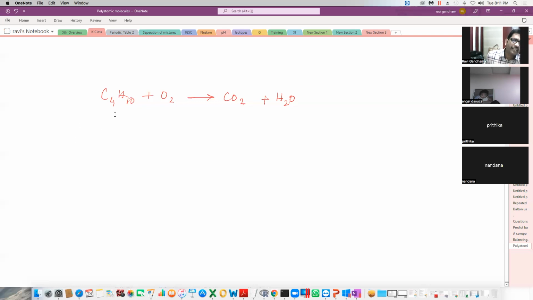What are the atoms on the reactant side, Nandana? Carbon, hydrogen, and oxygen. Okay. And you again have carbon, hydrogen, and oxygen on the right hand side. Now, how many carbon do you have here on the reactant side? 4. How many hydrogen do you have? 10.